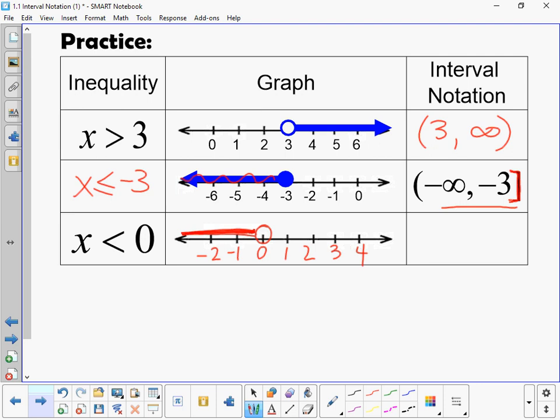So we will show everything to the left of 0, basically all the negative numbers. And if we write that in interval notation, it would be from negative infinity, starting on the left, just like a sentence, and all the way up to 0, but not including 0. So we use a curved parenthesis after the 0.